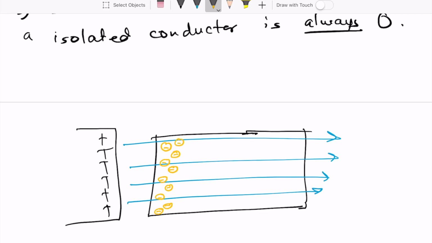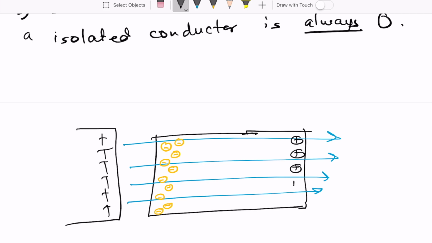Now, you know that negative charges produce electric fields which point towards them. So if you have a large number of negative charges aggregated over here, and remember that since the negative charges have moved to the left, there are bare positive charges on the right.